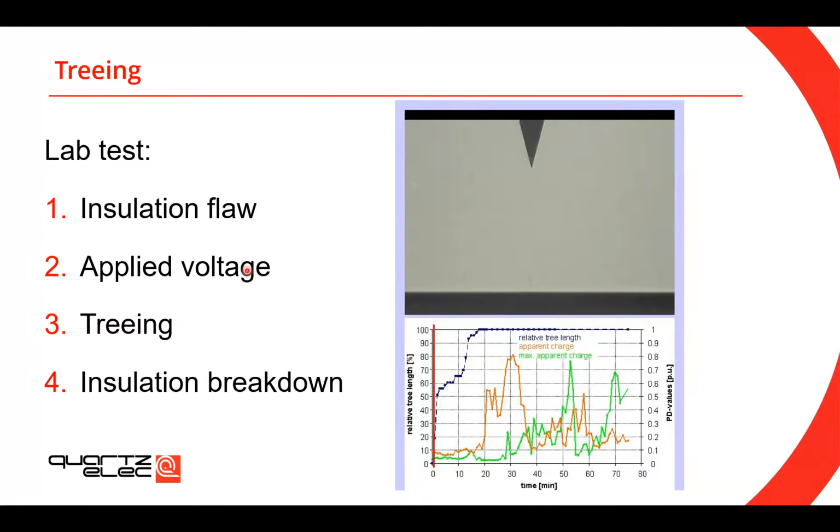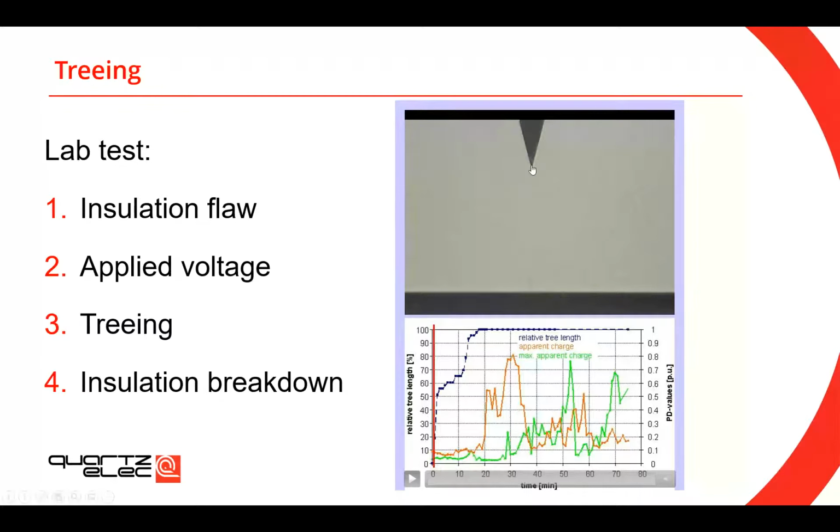All right, another good movie. This is what we call the treeing effect. What you see here, the gray cross section, is the insulation. In the laboratory, we introduced a little flaw in the insulation material, we then applied the voltage, and you're going to see the development of the treeing up to the moment when the insulation breaks.